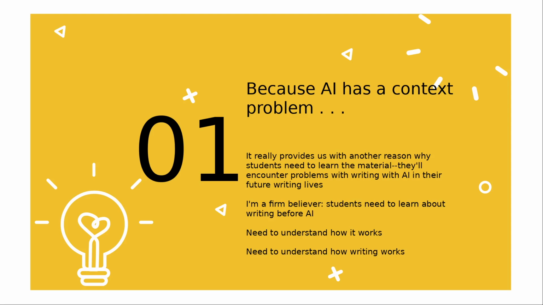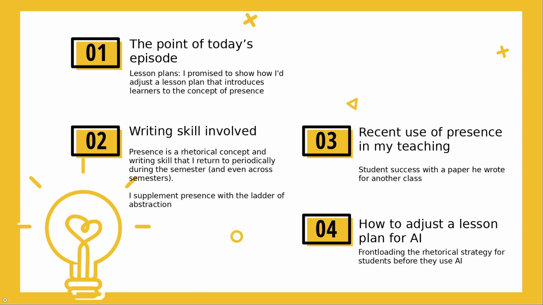And so I am a firm believer that students need to learn about writing before they learn about AI. And then you can use those two things in tandem. They need to understand how writing works. They also need to understand how AI works. We can explore that as time goes on.